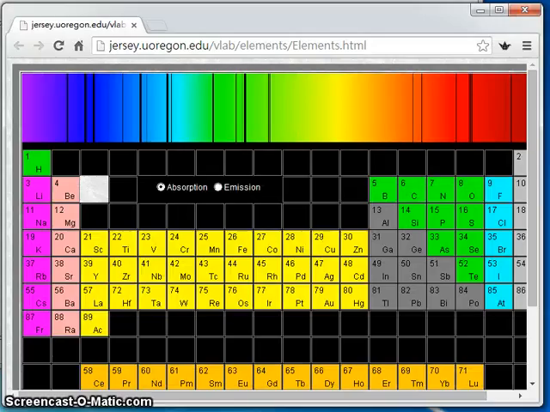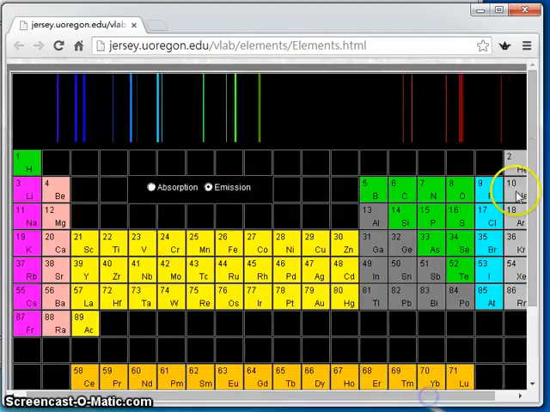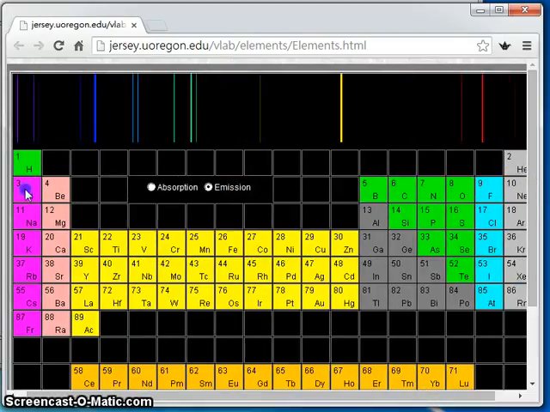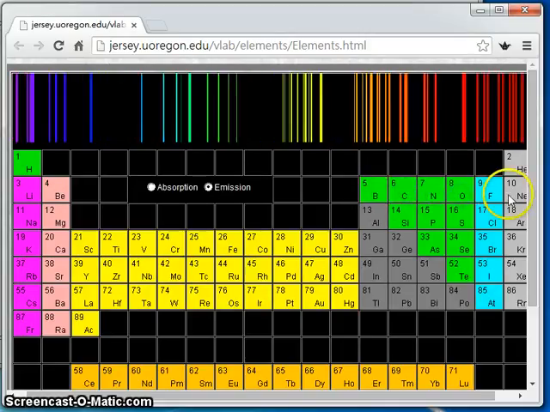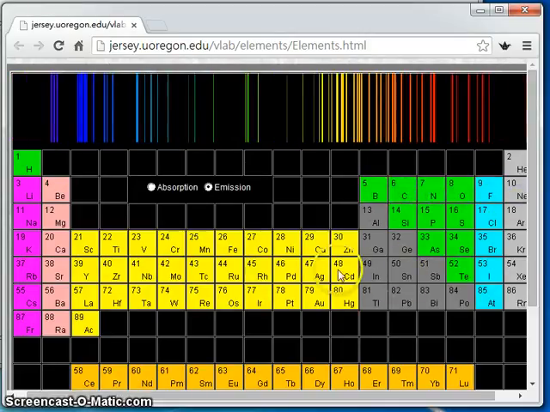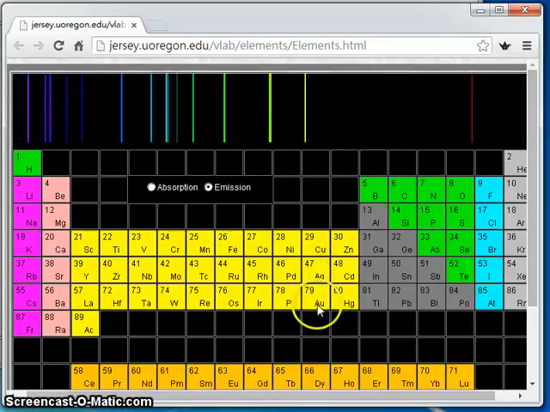Well, I found this on the internet, showing different absorption or emission spectra produced by different elements. So you can see this is now the hydrogen spectrum, and then I can also get helium, lithium, beryllium, boron, carbon, nitrogen, oxygen, fluorine, neon, and other elements as well, even metals such as mercury, silver, gold.